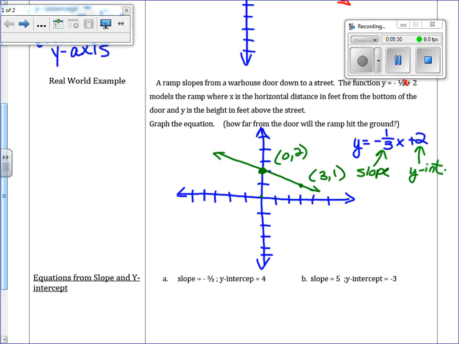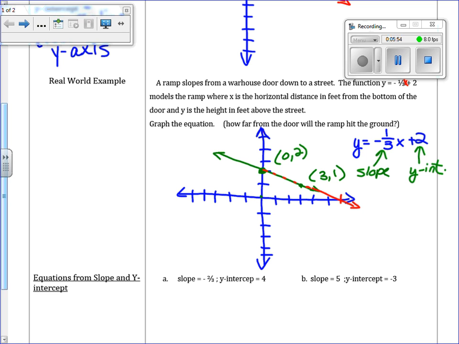And so the question that I added on to this was, how far from the door will the ramp actually hit the ground? So we want to think about this line here, this part right here, as our ramp. So again, we're going to go down 1 over 1, 2, 3.